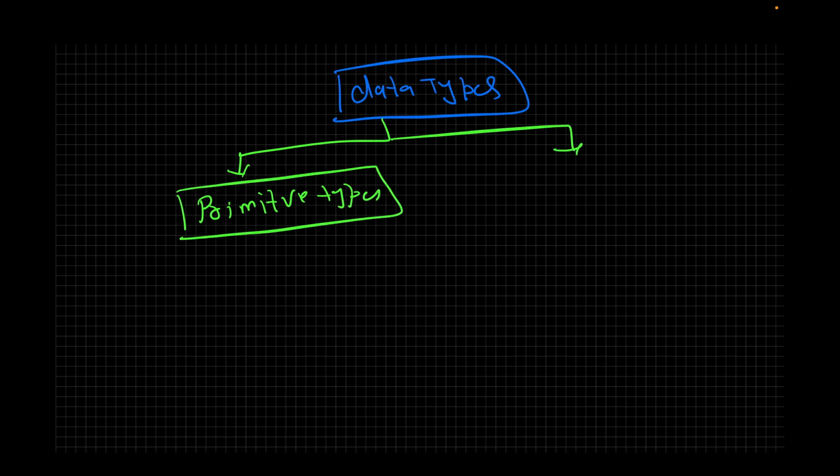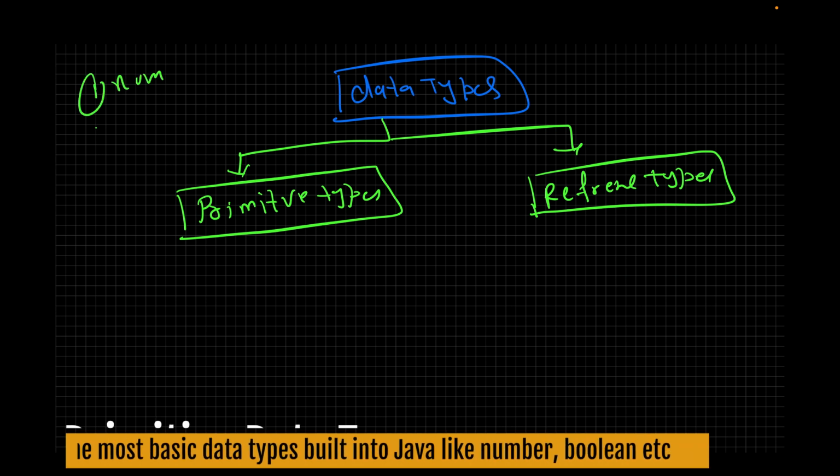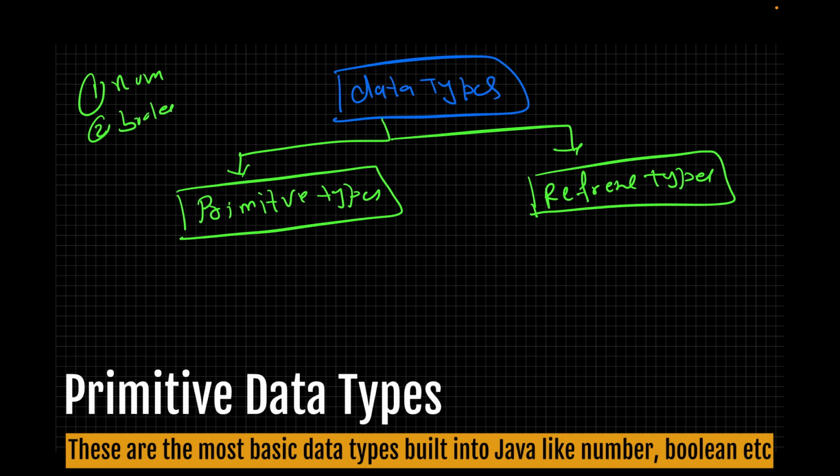And then we have what we call reference types, for more complex objects. We're going to talk about reference types when we learn about objects and classes and so forth. All right, so the primitive data types are the most basic data types, like numbers, boolean values, yes and no, and so on and so forth, right?